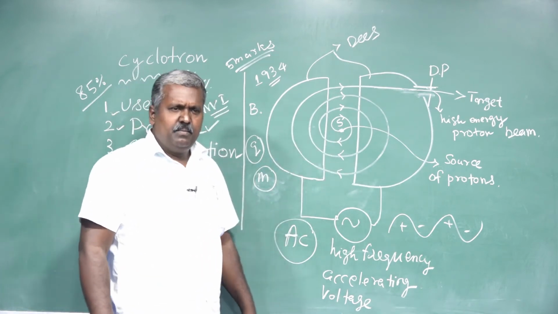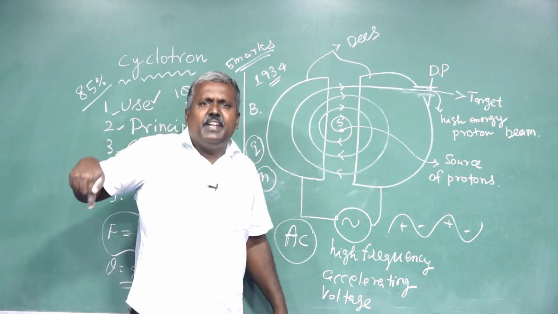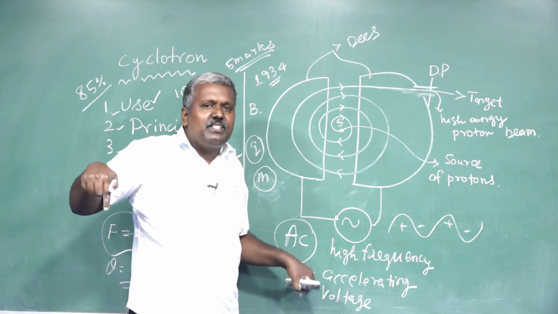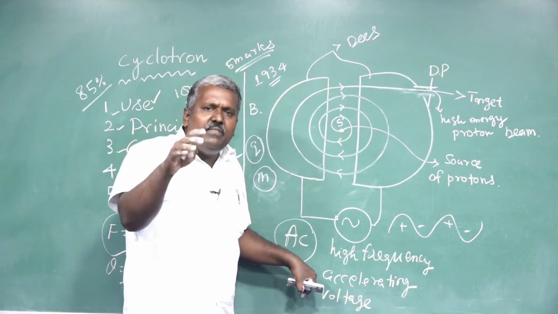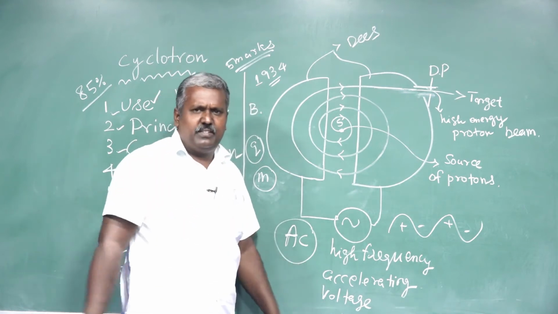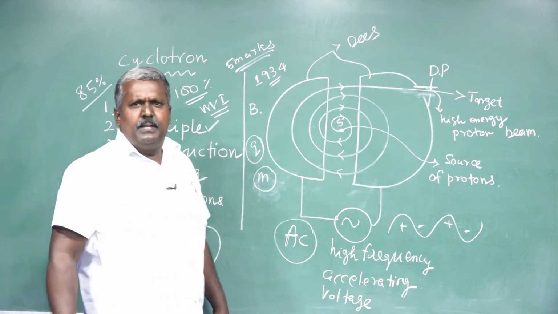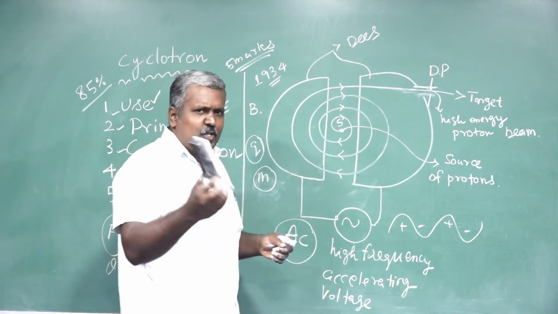Clear? Because this is a positive ion, it is attracted by the negative potential. So it is accelerated with the help of electric field towards one D having negative potential at that instant. Say here D1. This or this, no problem. D1. Okay.